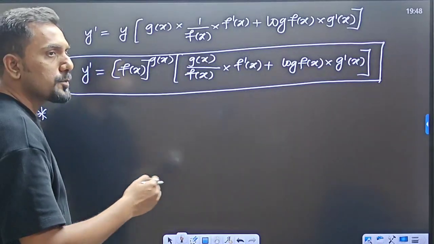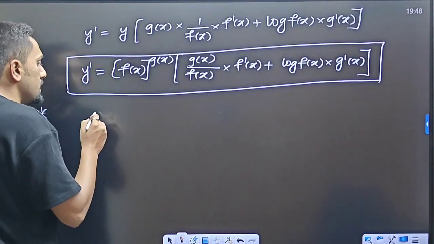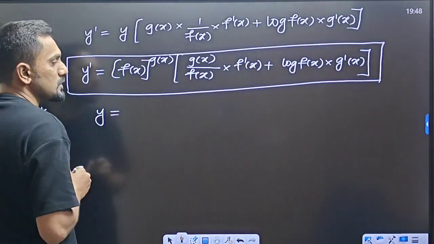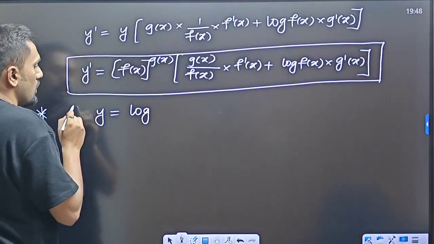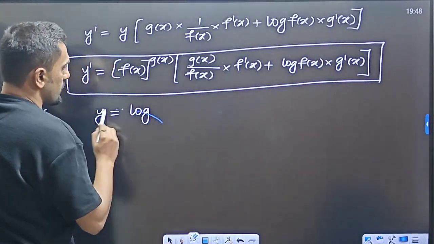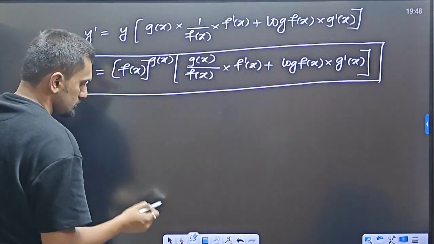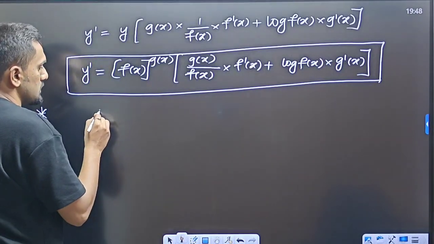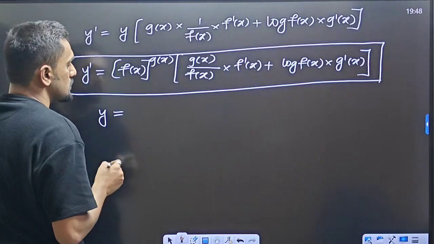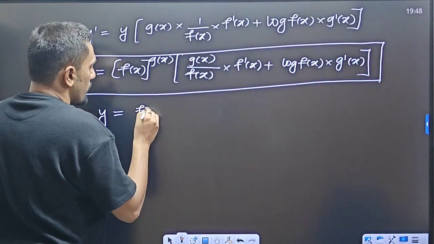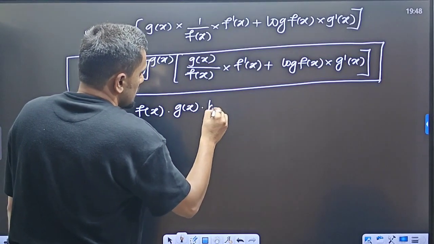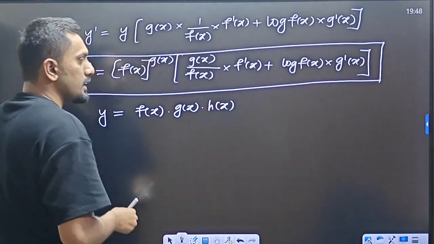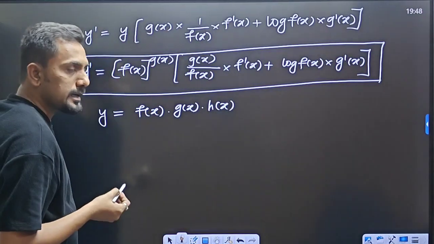Then coming to the continued product, there I will apply the log on both sides. For example, suppose y is equal to f of x into g of x into h of x. Then I will take log on both sides.